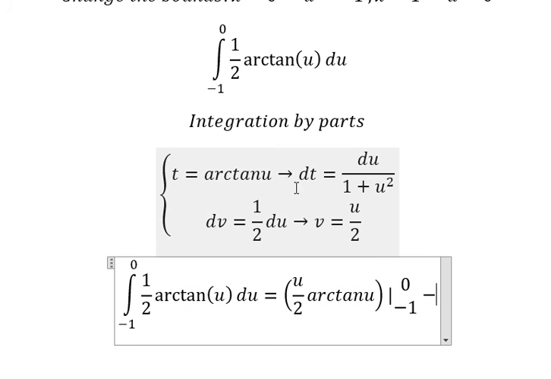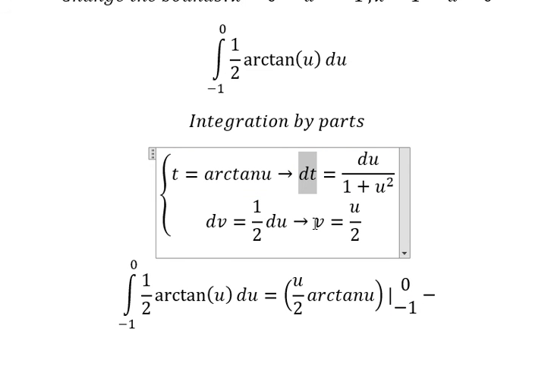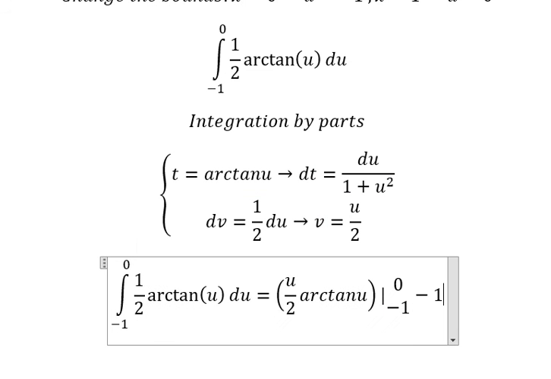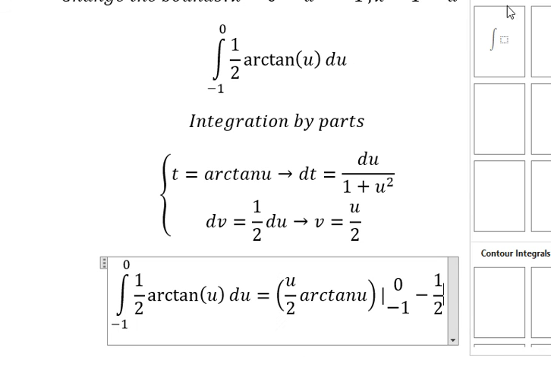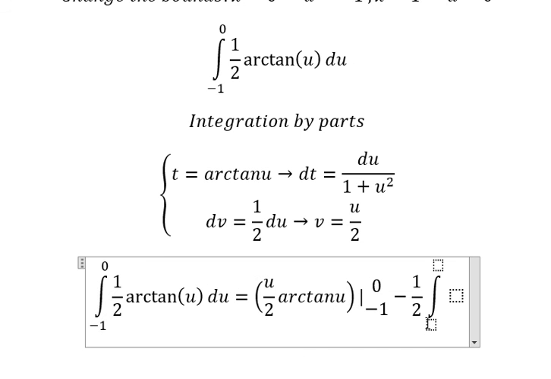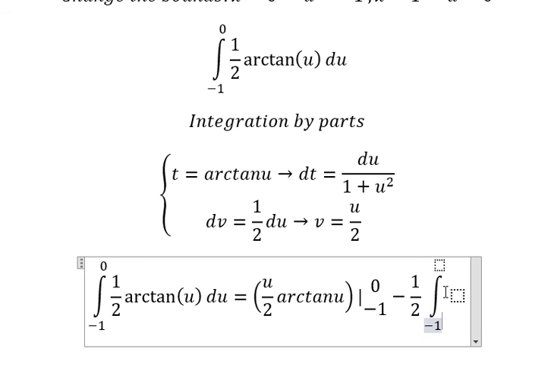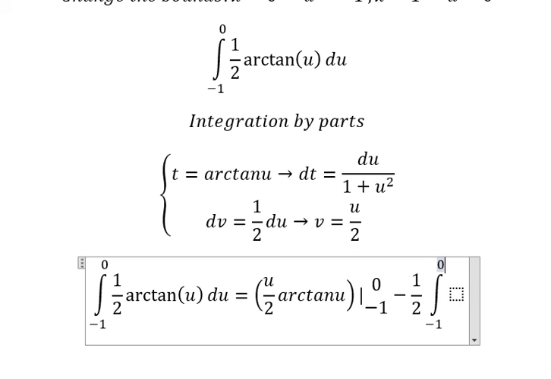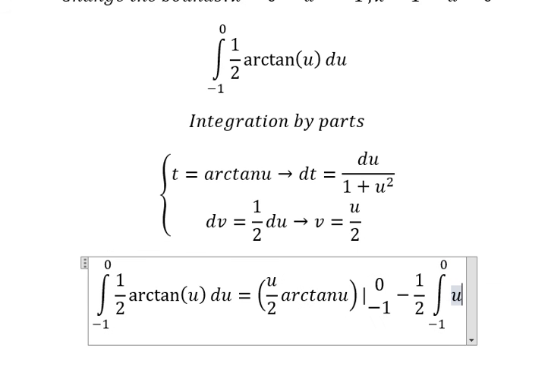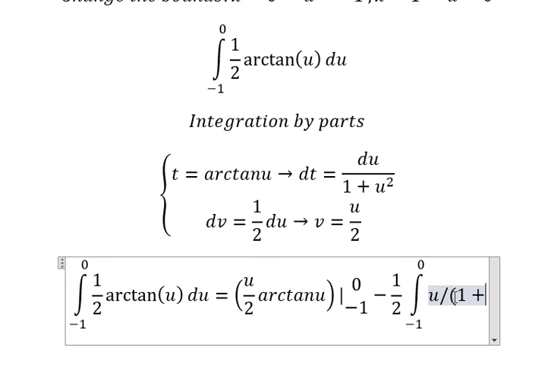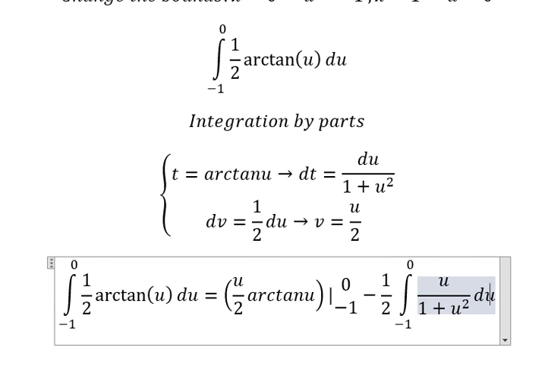Minus, we have dt multiplied by v. So we have the integration from negative number 1 to number 0 of u over 1 plus u squared du.